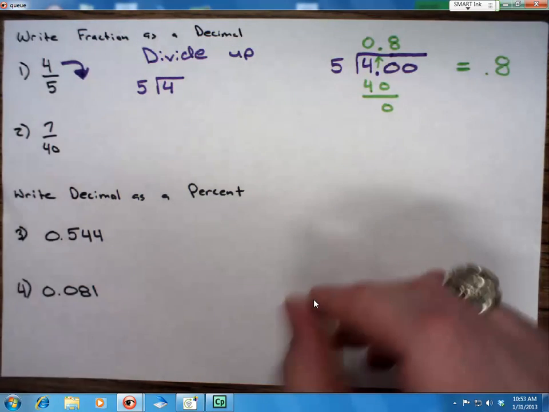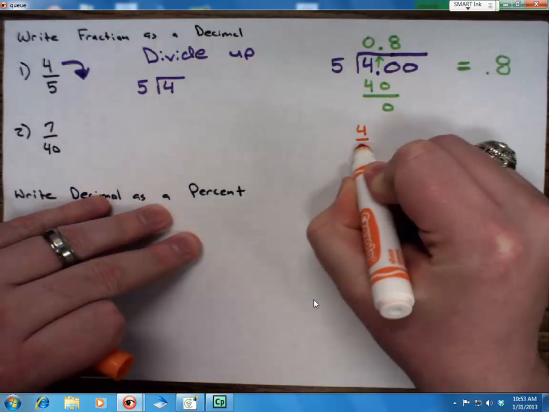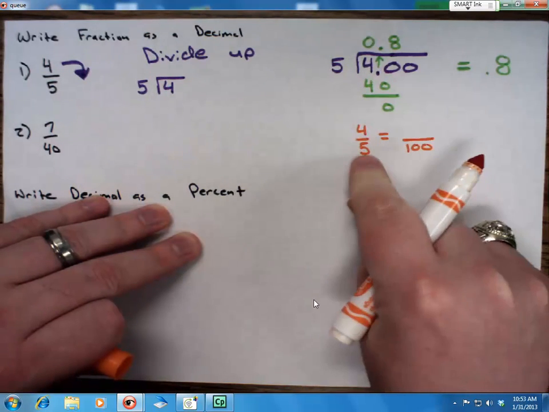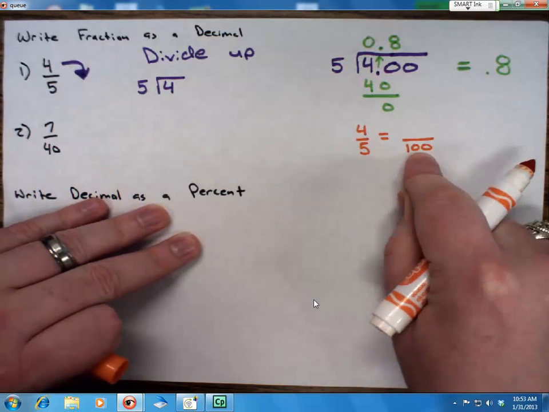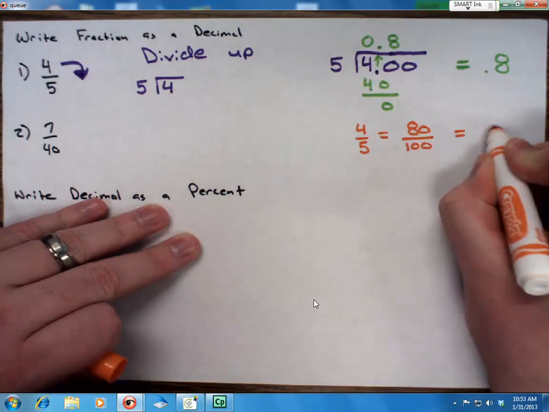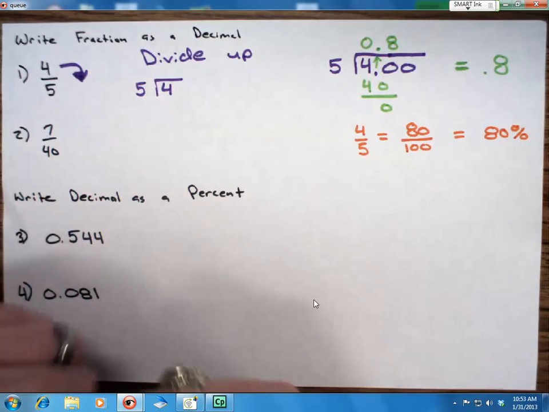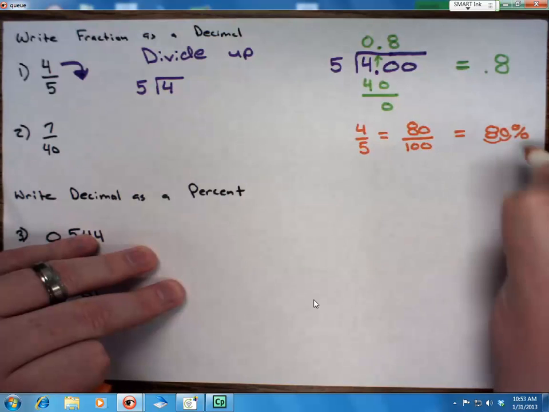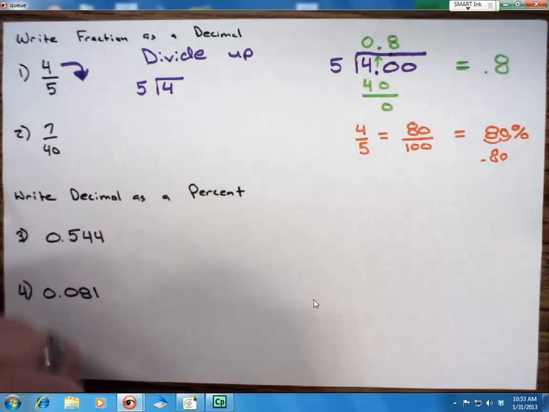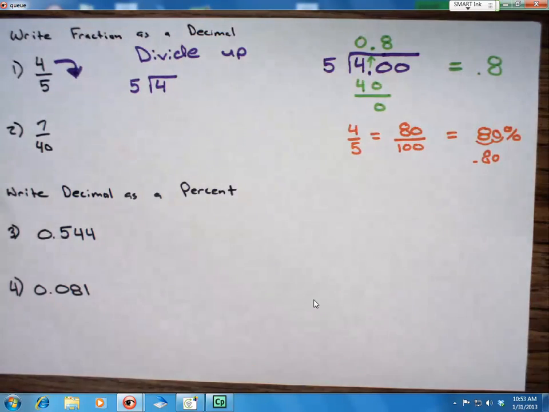And what I mean by that is, if we had 4/5 and we wanted to get that to be something over 100, well, if I multiply 5 times 20, that gives me 100. 4 times 20, that gives me 80. Okay, so I know that that's going to be 80%, which yesterday we learned how to convert a percent to a decimal by moving our decimal over 2 places. So we get 0.8, or 0.80, which is the same thing as we got right here. Okay, either one of those ways will give you the correct answer.